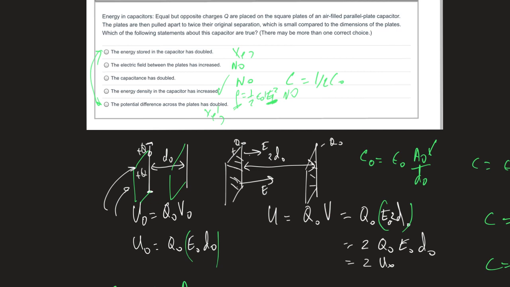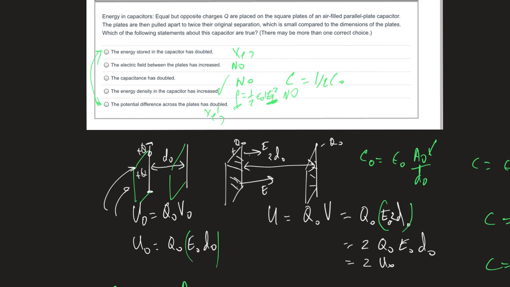The energy density in the capacitor has increased? The density of energy is 1/2 epsilon 0 E squared. Well, if E has not changed, the density of energy has not changed. But the total energy has doubled, because the total energy is the density of energy per unit of volume, and now the volume has doubled.